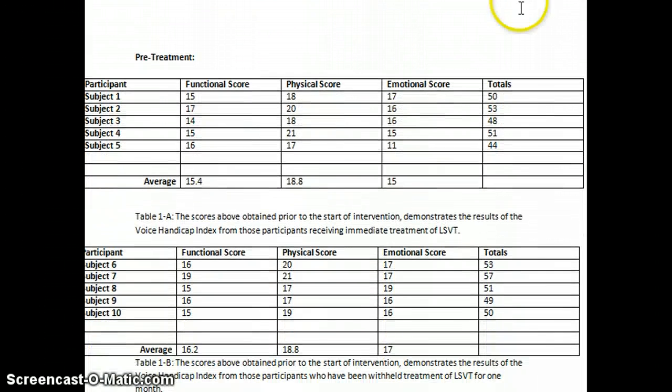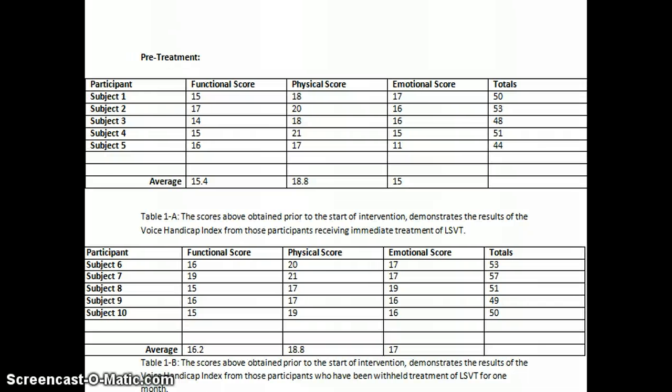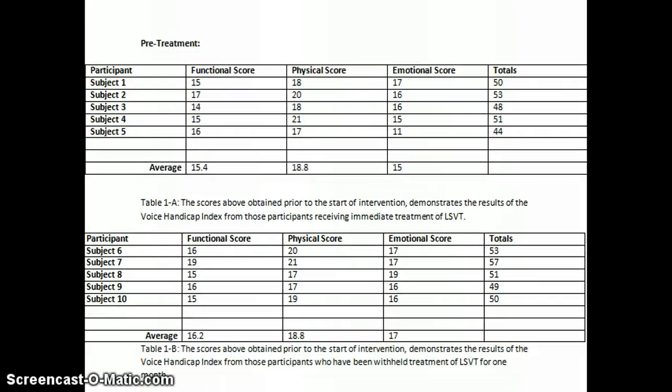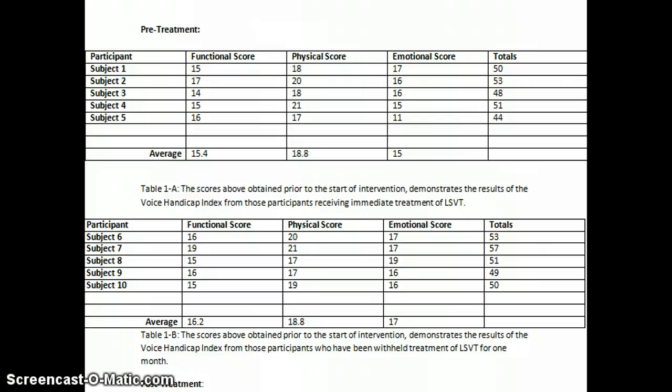Okay, so here you can see for pre-treatment, we have Table 1A. The scores above obtained prior to the start of intervention demonstrates the results of the Voice Handicap Index from those participants receiving immediate treatment of LSVT.